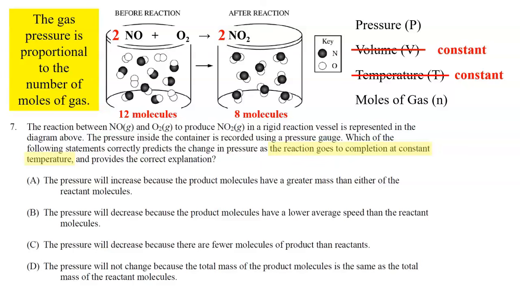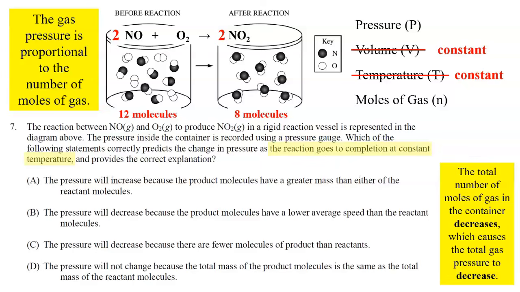So if the number of moles or the number of molecules of gas is decreasing throughout the course of this experiment, then the pressure will decrease as well. The total number of moles of gas in the container decreases, and this causes the total gas pressure to decrease.